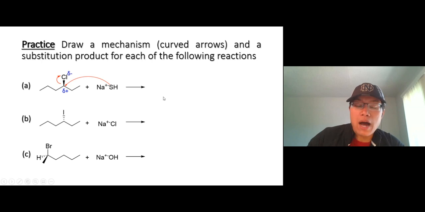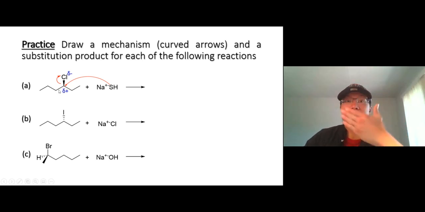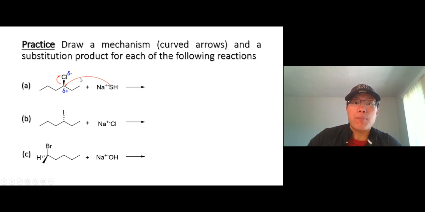Now, how do you draw the product? Chlorine right now is on a wedge line, which means it points up to your face. So sulfide has to approach from the backside, from pointing down, from the back of the molecule. So you're going to have sulfide on a dashed line coming from the backside of the leaving group.